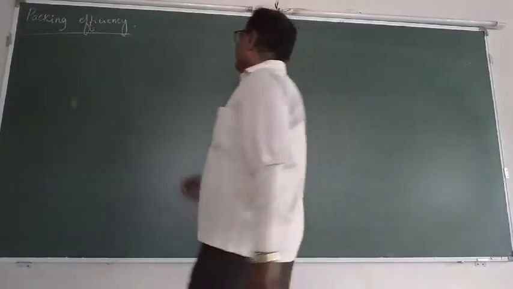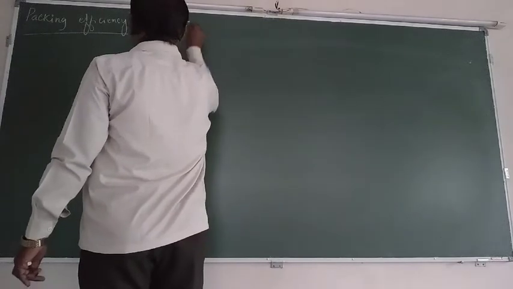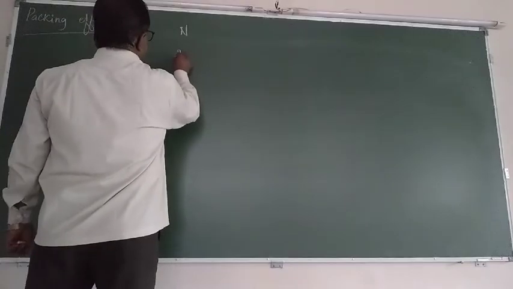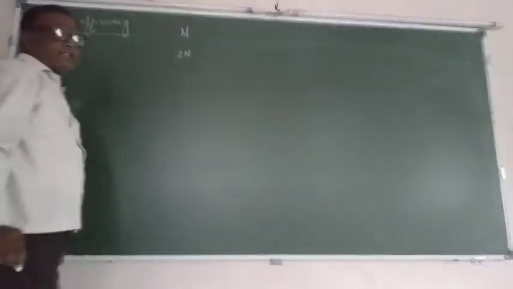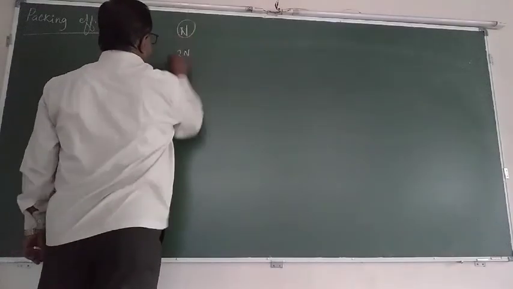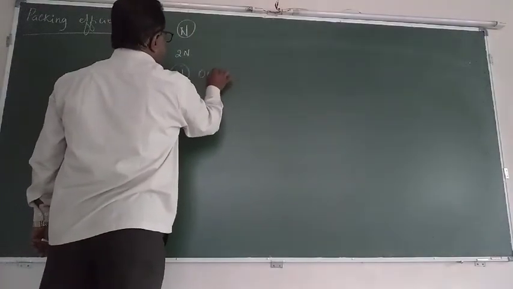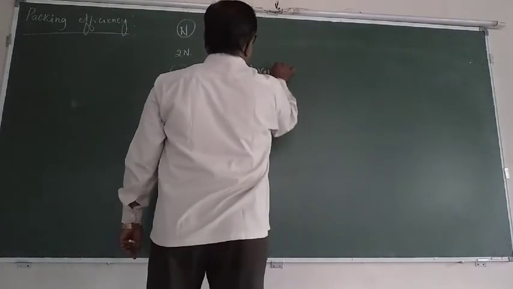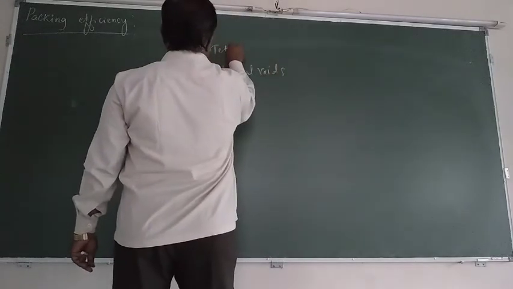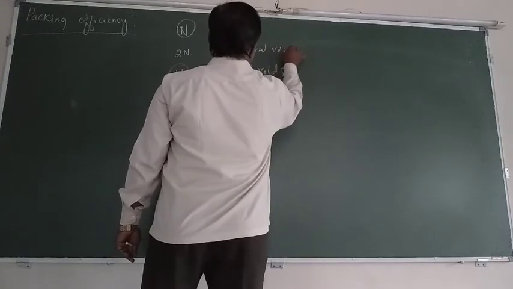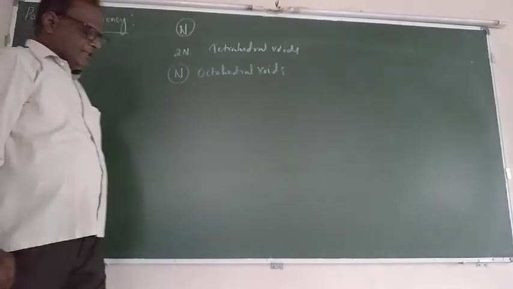If n particles are present in a crystal lattice or a unit cell, then 2n tetrahedral voids and n octahedral voids are present in the crystal lattice.